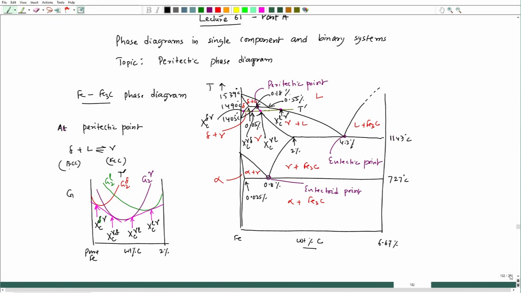Here I have put all the compositions in terms of mole fraction xc of delta, gamma and liquid. You can convert this weight fraction to mole fraction also, in such a fashion that all those free energy composition lines will be contained within that range. Then you can write in terms of mole fractions, and those mole fractions are placed here.